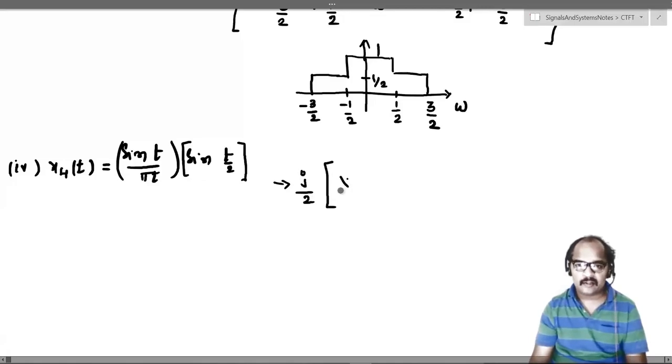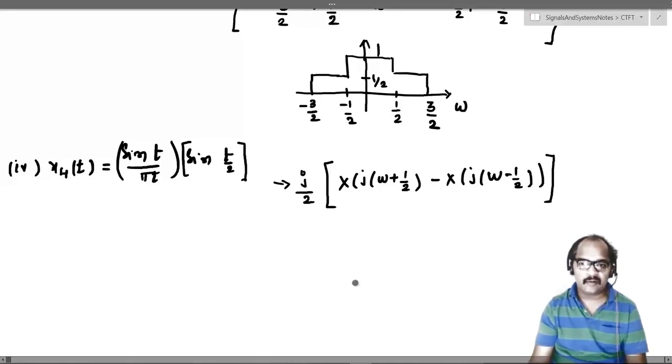So this is multiplied with X of j omega plus omega naught, again which is half here, minus X of j omega minus omega naught, again which is half. So let us try to plot this again. The plots are the same, just like above, but I will redraw it.